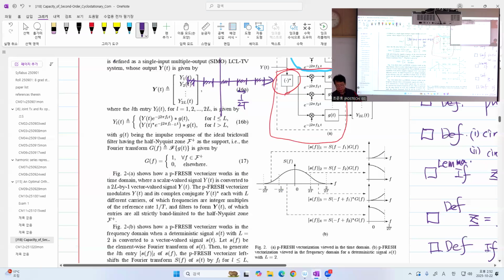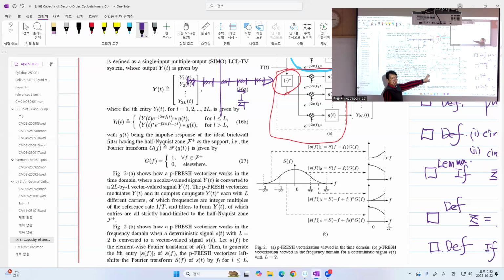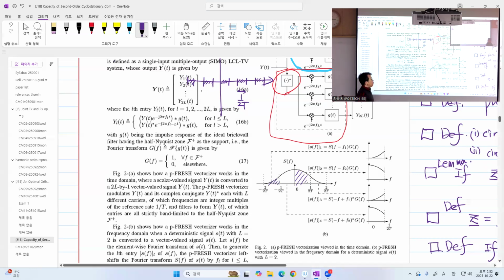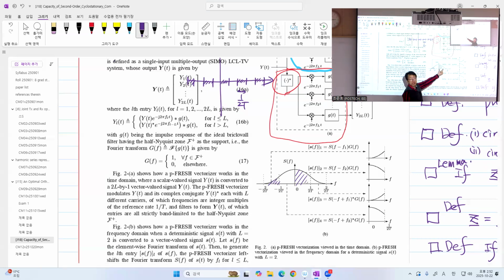And this shows an example of what happens after p-fresh properization. So suppose that you have a deterministic signal with Fourier transform looks like this. Then what you do is that you divide this spectrum into half Nyquist-zone length subintervals. And you take every other part and what? This one appears here.